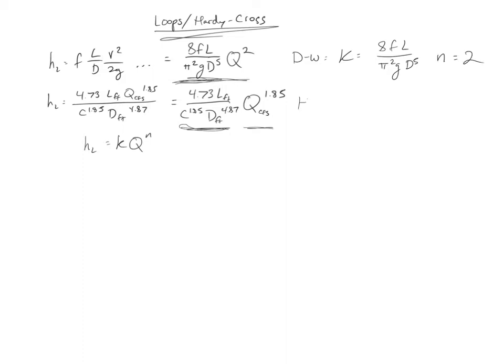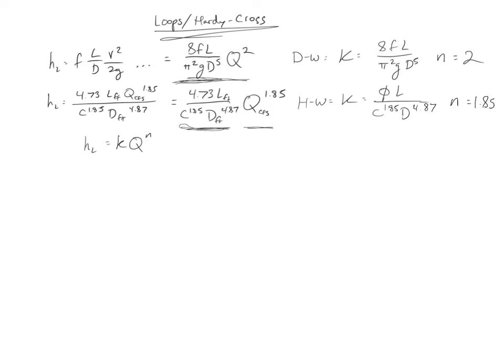If I'm using Hazen-Williams, then K is equal to, we're going to say it's phi, this is going to wind up being a constant in a minute, L over C to the 1.85 D to the 4.87, and n is going to be 1.85.